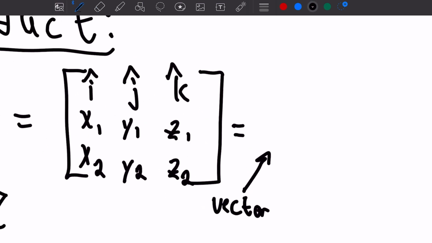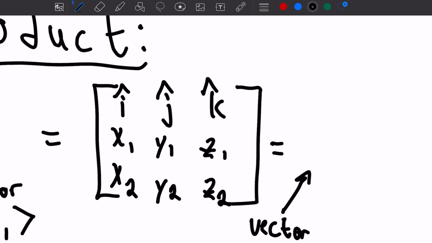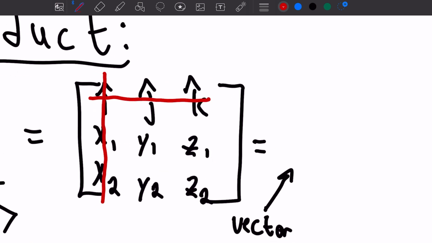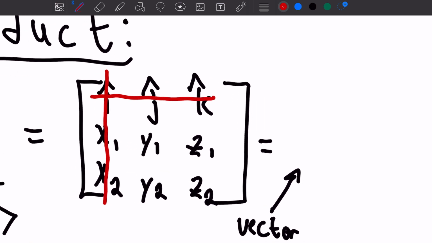So you may be asking how we're going to solve this. The easiest way I found to solve these matrices is basically to cover up each column. So if we want to solve for the x component, or the i, whatever you want to refer to it as, we will ignore everything underneath the i column, and we don't really need to worry about those two top unit coordinate vectors either.